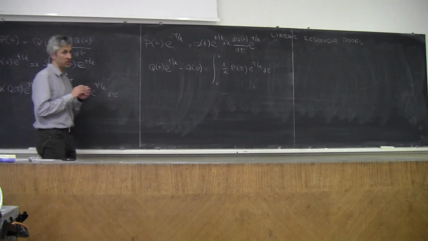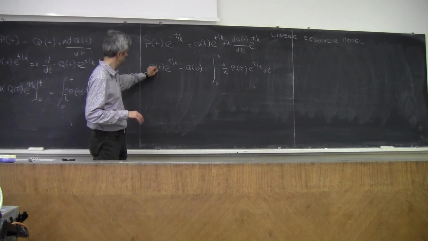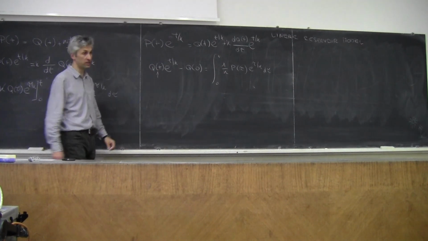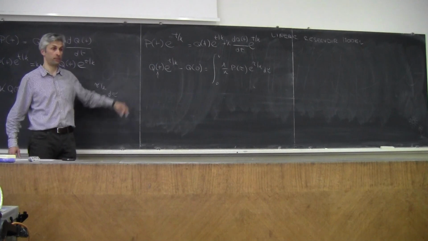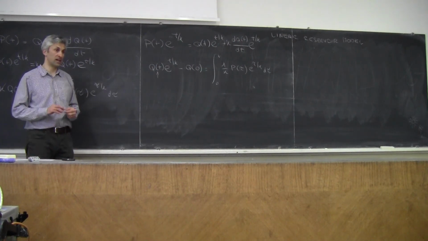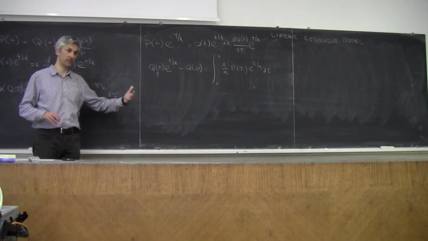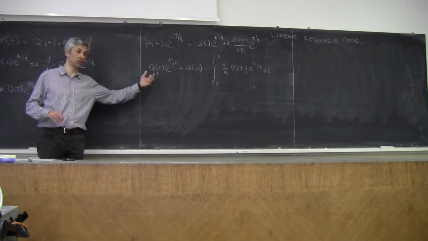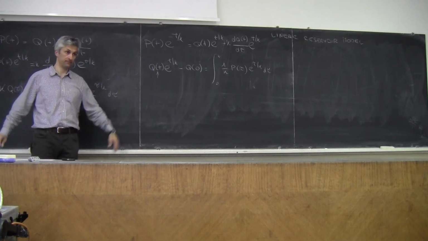Now remember that our objective is to find an explicit relationship for q_t. And therefore let's isolate in the left-hand side q_t and just it.